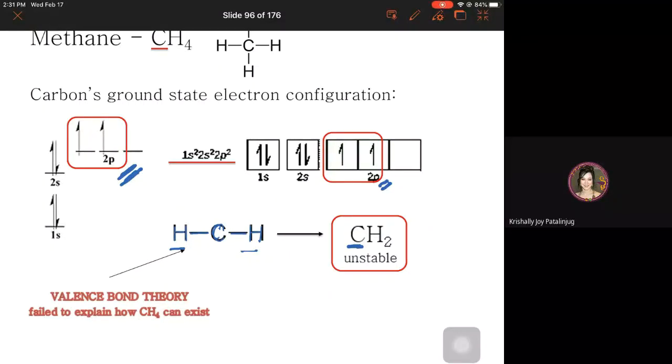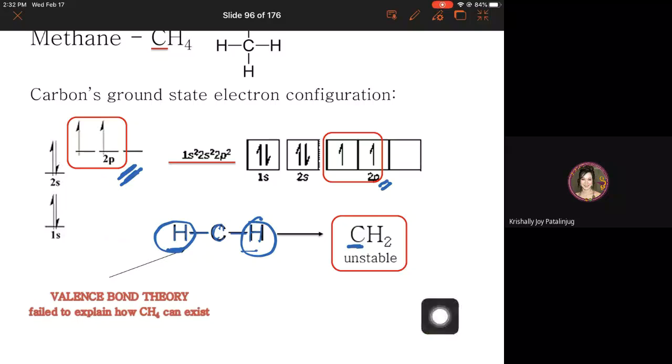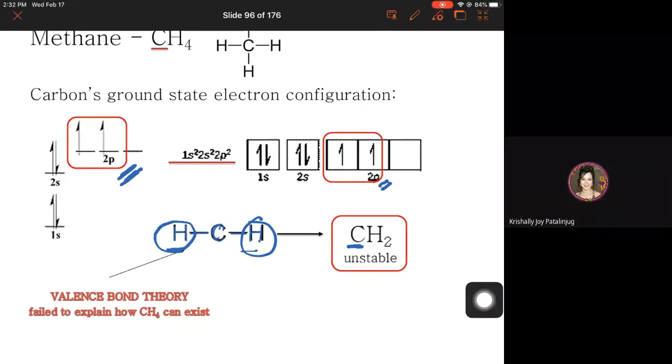Therefore, dalawa lang din yung posibleng p orbitals that could overlap to the 1s orbital ng dalawang hydrogen, forming CH2. So, yan yung realization kung magbe-base tayo sa original na electronic configuration ng isolated carbon atom.